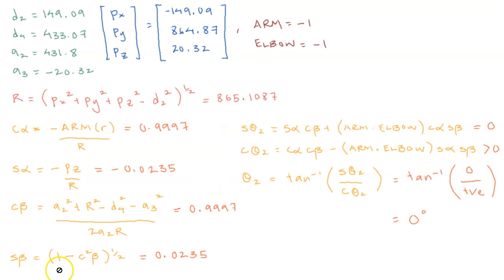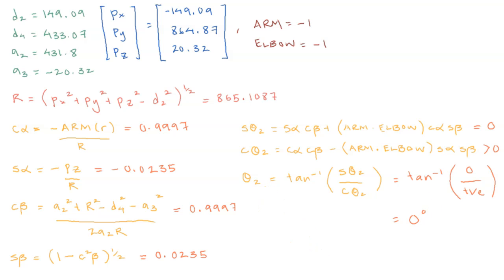Sin beta is just the square root of 1 minus cos beta squared, and we obtain 0.0235. Next, sin theta 2, we get 0. And cos theta 2, we get a positive number. I don't care what exactly the number is, because I know inverse tangent of 0 over a positive number is inverse tangent 0, which means theta 2 is 0 degrees. That's pretty straightforward. So we have solved for theta 1 and theta 2.